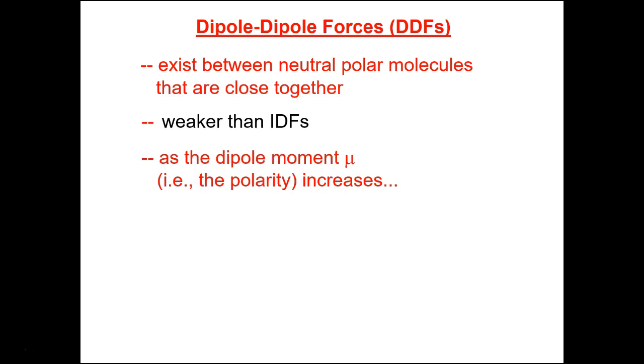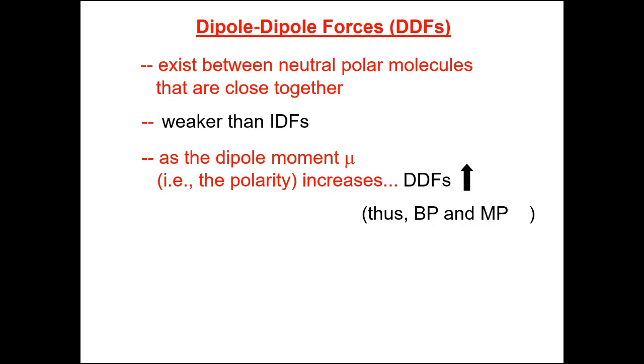So as the dipole moment, which is signified by the Greek letter mu, or the polarity increases, so does the DDF. The more polar a molecule, the more dipole-dipole forces it's going to exhibit. The less polar, the fewer dipole-dipole forces.